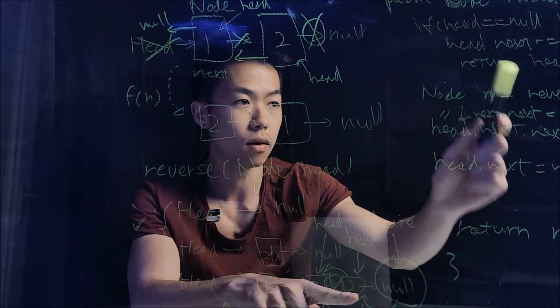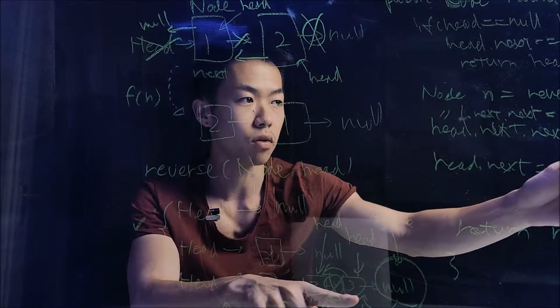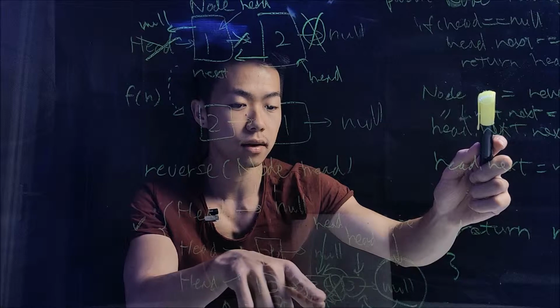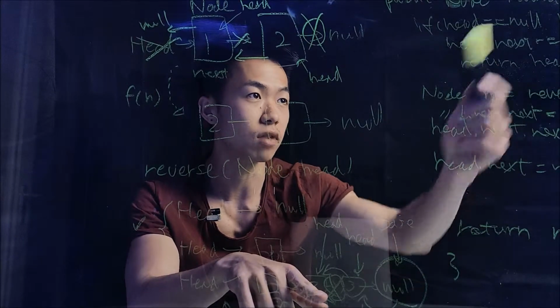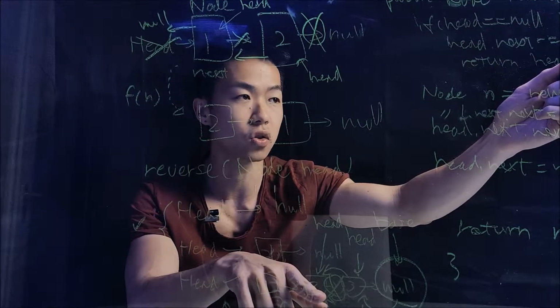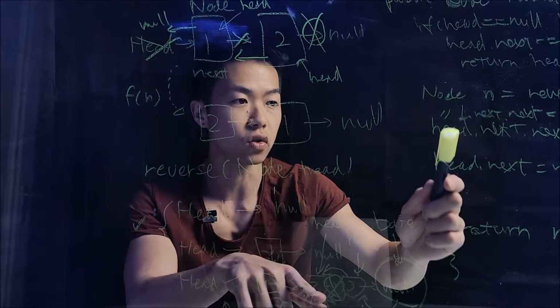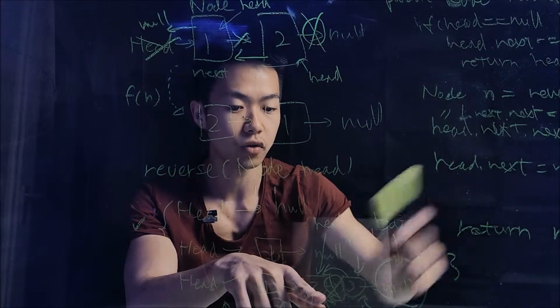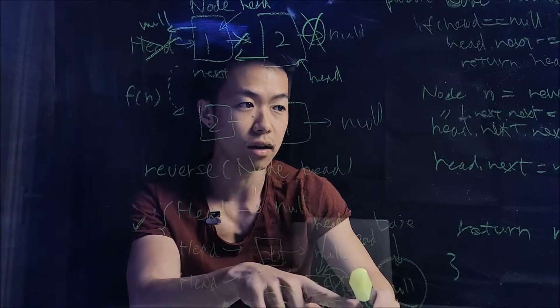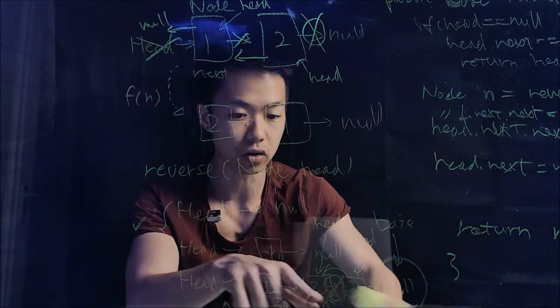3's next is null, right? And then it'll return back to previous calls. So 3 is returned here, and now we're in the previous recursive call stack. So now head is 2, and 3 is returned. So 2.next is 3, and then 3.next is right now pointing to null, but it'll point back to 2.